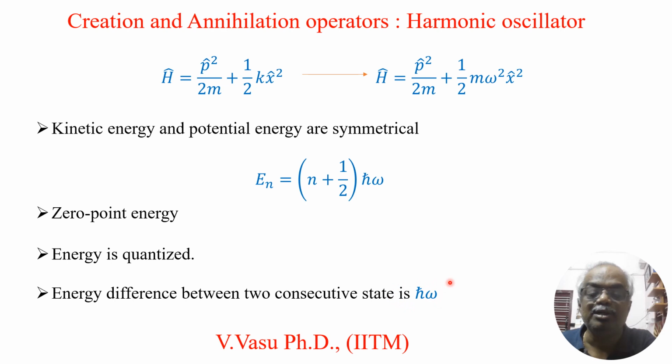If n is equal to 1, the energy level is 1.5 times h cross omega. If it is 2, then 2.5 times h cross omega. So the difference is h cross omega. If you take any two consecutive states, the energy difference is h cross omega. That is another important point.